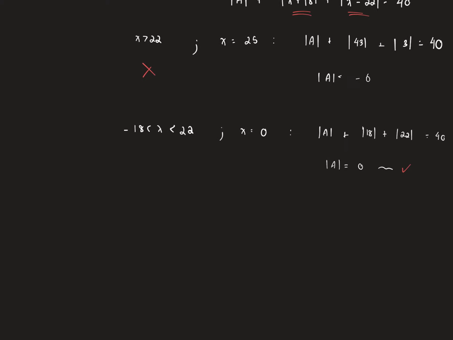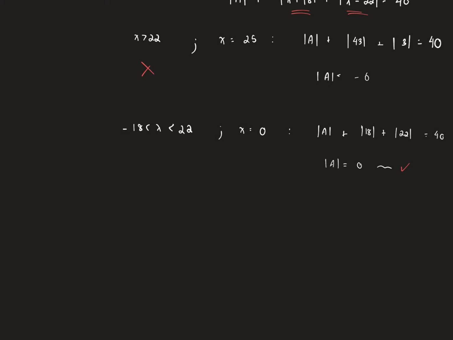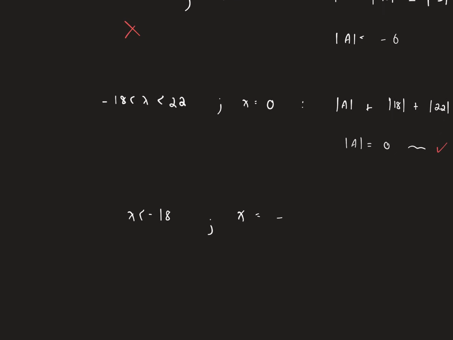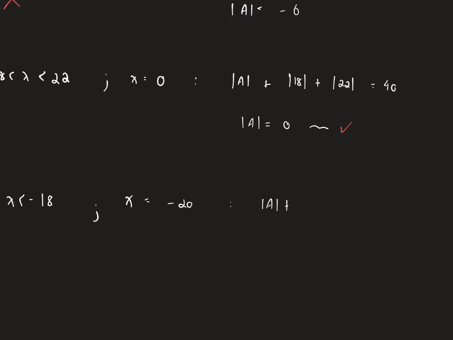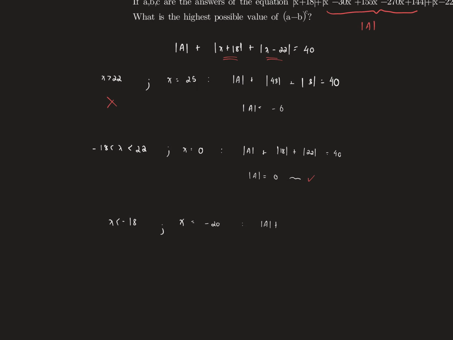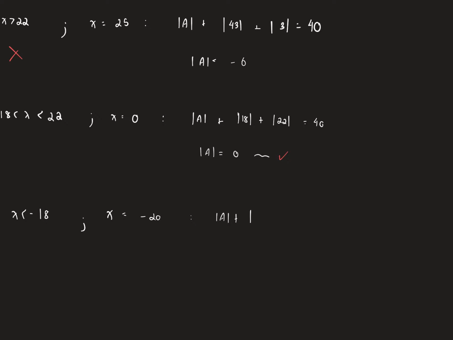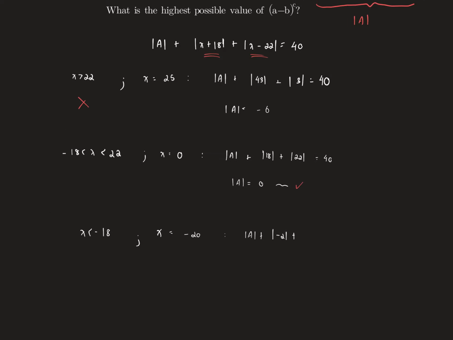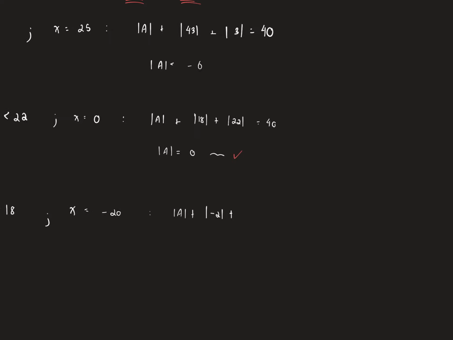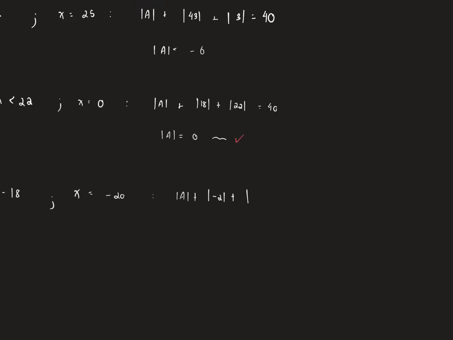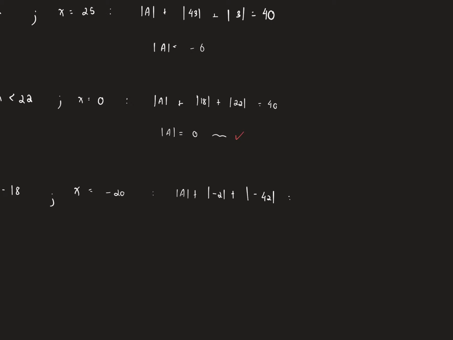On the other hand, as I said before, we need another group, which is x less than negative 18. For example, if x equals negative 20, what we'll get is absolute a plus absolute of negative 20 plus 18, which is absolute of negative 2, plus absolute of negative 20 minus 22, which is absolute of negative 42, equals 40.